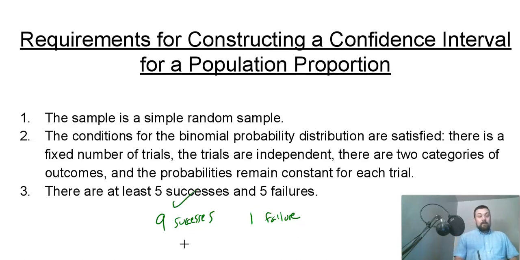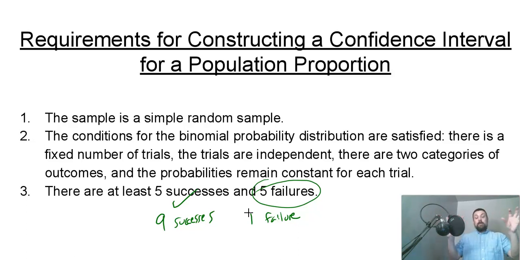I've met the 5 successes part of that, but I haven't yet achieved 5 failures. So I need to collect more for my sample until the number of failures also reaches 5. And it could be a while before that happens, especially if this is the ratio that you should expect. So you might have to get a sample size of like 50 before you finally hit that 5th failure, right?